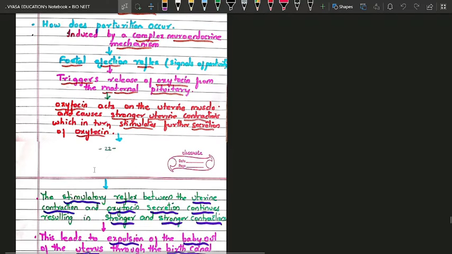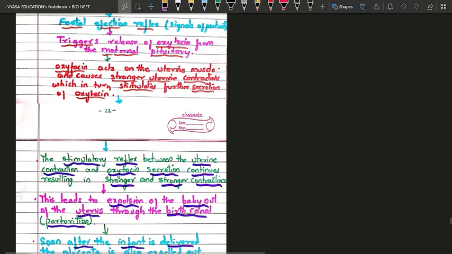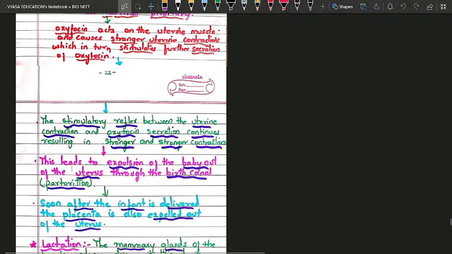The points which I have underlined, just go through them clearly. Then the stimulatory reflex between the uterine contraction and oxytocin secretion: the oxytocin secretion continues. It results in stronger and stronger contractions.